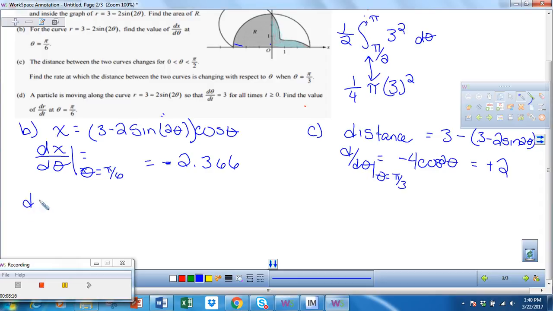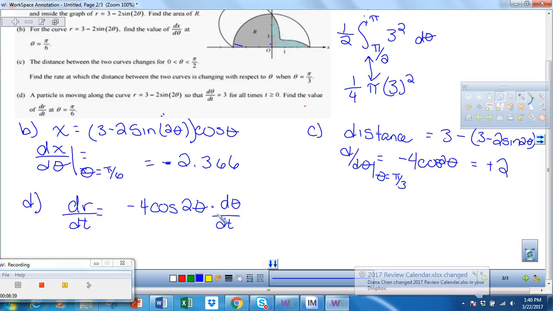So I did dr dt is equal to, 3 still is 0, so negative 4 cosine 2 theta times d theta dt. And there's probably a point for that. Then they tell us d theta dt, do they not? Yeah. And they tell us theta, so then I get this is equal to negative 1.